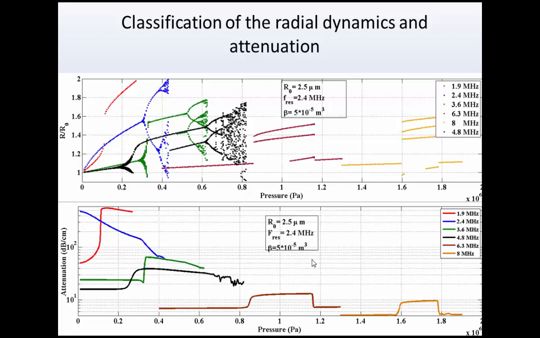The oscillations of the bubble can be classified into sonications below resonance, sonication in resonance, which is shown in blue, subharmonic resonance oscillations, which is below twice the resonance of the bubbles, and subharmonic resonance, which is when the bubbles are sonicated at twice the resonance, and period 3 and period 4 oscillations, which are sonications around 3 and 4 times the resonance of the bubbles.